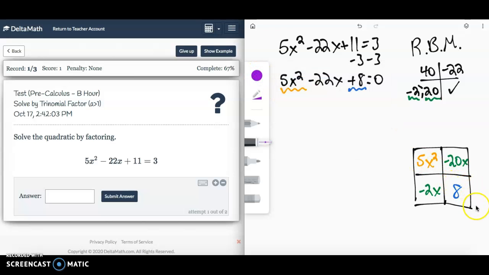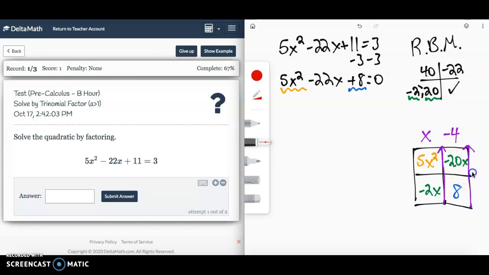The GCF of this column, negative 20 and 8, I believe 4 goes into both of those. Remember, because I'm pulling out the GCF and the box closest to the outside determines whether it's positive or negative, I'm actually going to pull out a negative 4 because this negative 20 is at the top of this column. From this column, I'm going to pull out just an x.